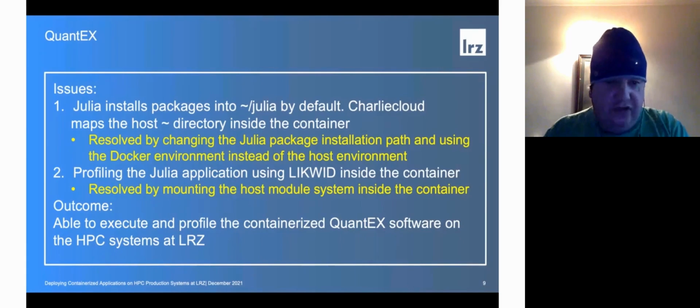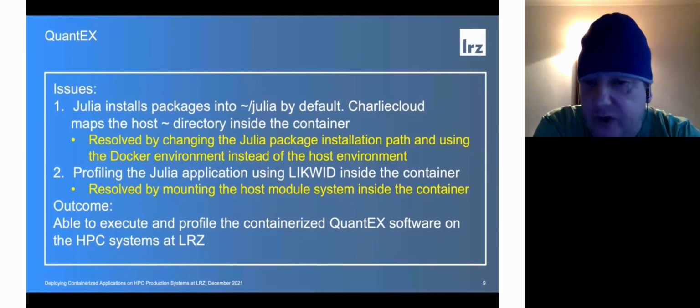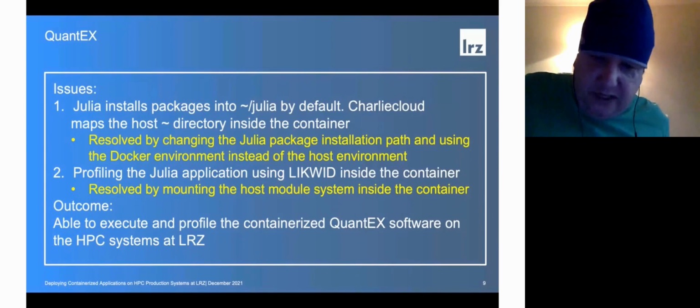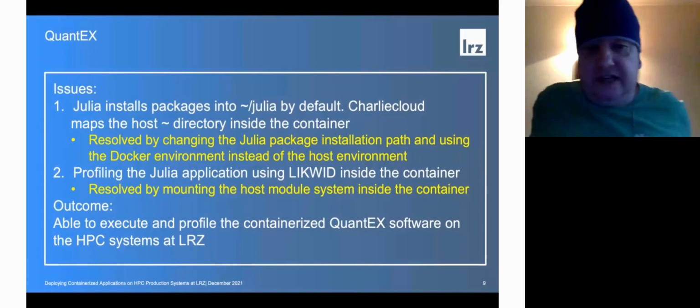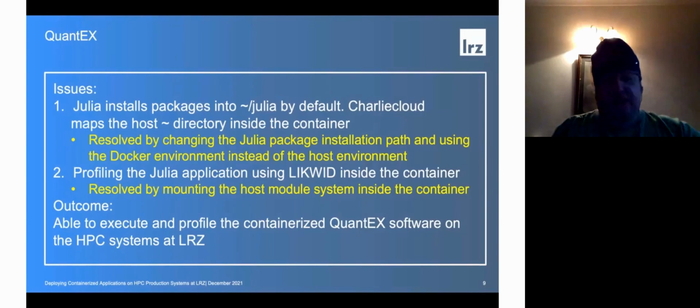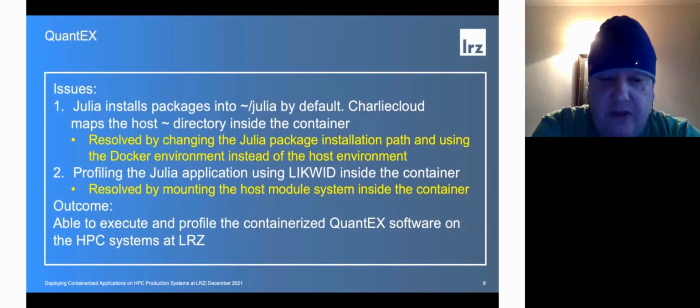So one of the things, if you look at point 2, is we started to use Likwid to profile the performance of the application running inside the container from Likwid, which is run on the host system. So again, we put the environment details of Likwid from the module system inside the environment file, and then we linked that to it.